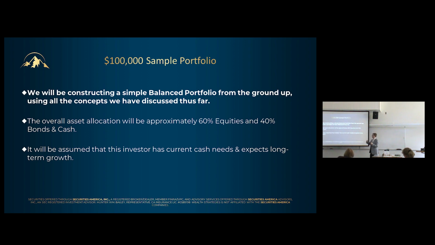So that 60-40 number basically means approximately 60% in equities, stocks, and things like that, and 40% in bonds and cash. So we're going to assume that the person this portfolio is for has some cash needs. Maybe they're taking distributions, or they have something to pay for, or they just like taking a lot of vacations and they need to take distributions for that.